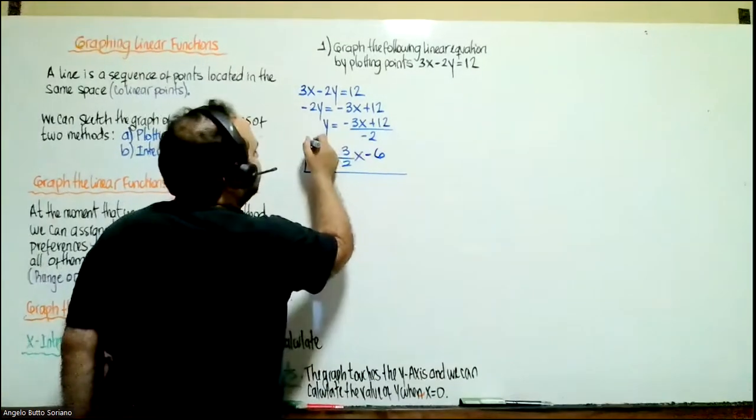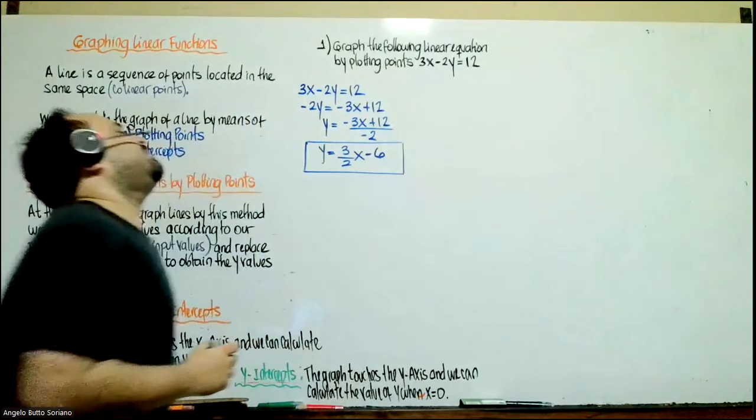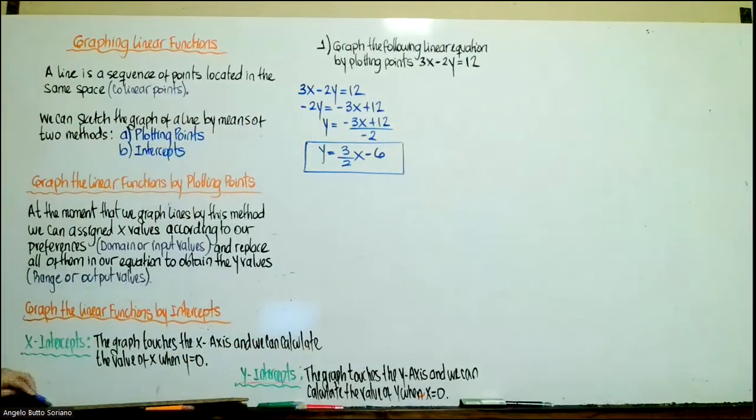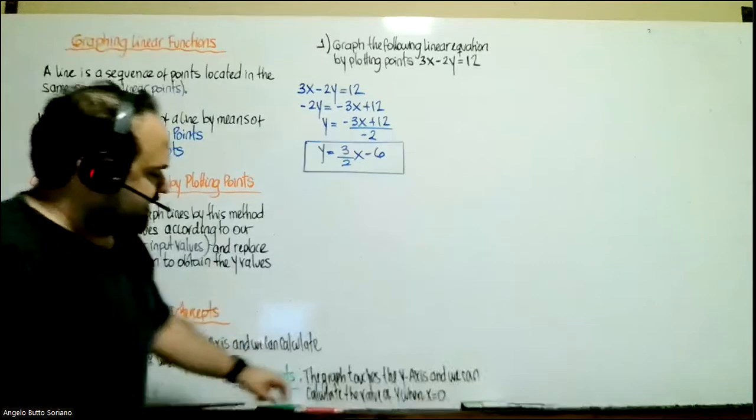We are solving for y. At the moment we solve the equation for y, that means we write the equation in slope intercept form. Now this is the moment, because we really want to get the graph by plotting points.